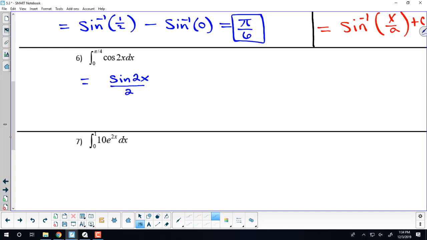Does everyone agree? What's the derivative of the sine of 2x? The derivative of sine is cosine 2x by the chain rule, cosine 2x times 2. So the derivative of the top is cosine 2x, and then dividing by 2 just gives us cosine 2x. So again, if you take the derivative of your antiderivative, it should be the original function right here.